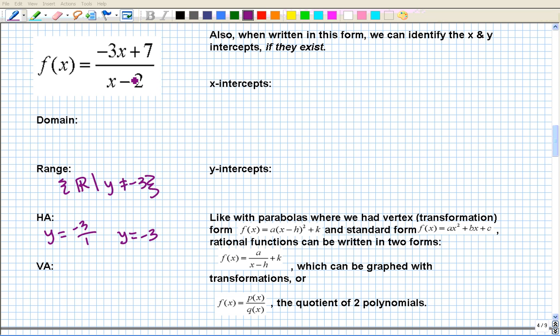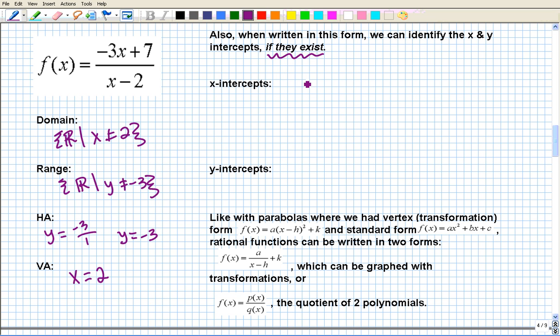I have x minus 2, so that would be an x value of 2. So I have a vertical asymptote of x equals 2, because if it were 2, I'd be dividing by 0. Don't want that. So the domain will be the set of all real numbers where x is not equal to 2.